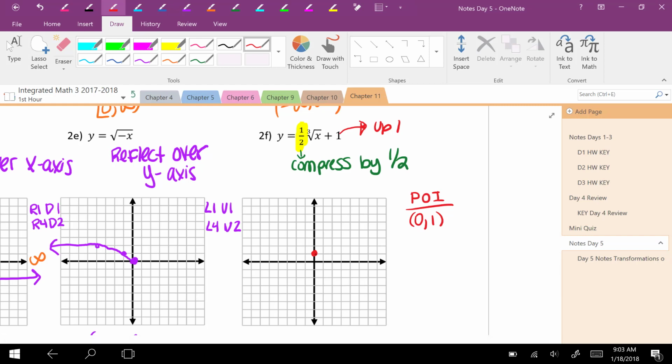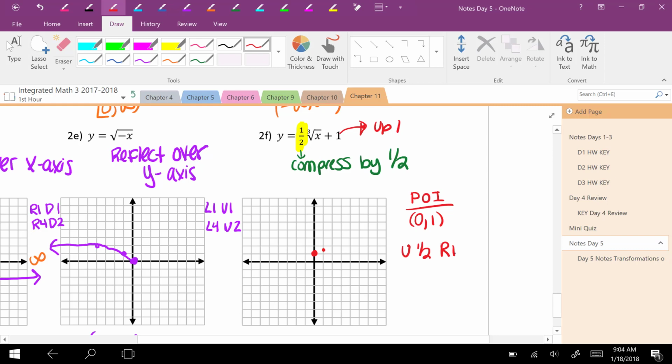Let's do our pattern. I normally go up 1, right 1. Now what am I going to do? Up 1. Good. I'm going to go up 1/2 and then what? Yeah, it would still be over 1. Very good. So I'm going to be going up 1/2 and right 1.